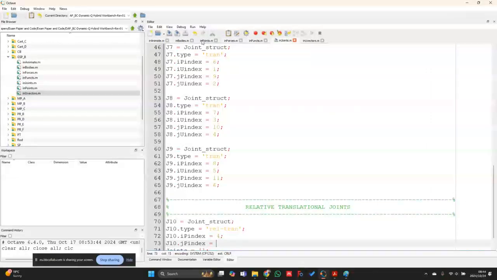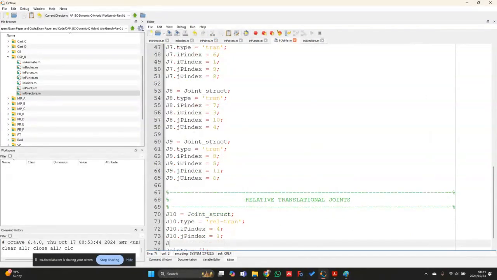So if I go to endpoint, CP0 is the very first point that I have. So that's just going to be 1. And then lastly, I just have to define the function that is applicable to this linear translate, or the actuators. So I'm just going to say ifunct is equal to 1.